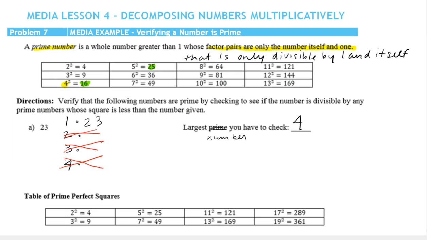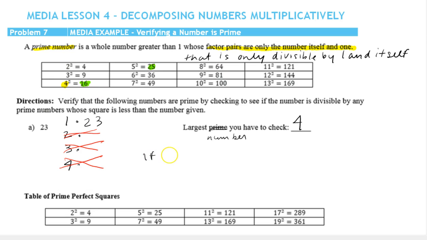Now, let's notice something, and this is a strategy you can use when finding all the factor pairs as well. I knew that 4 wasn't going to be a factor because 2 was not a factor of 23. So there's a connection here.